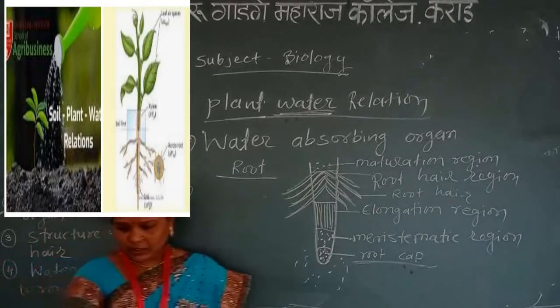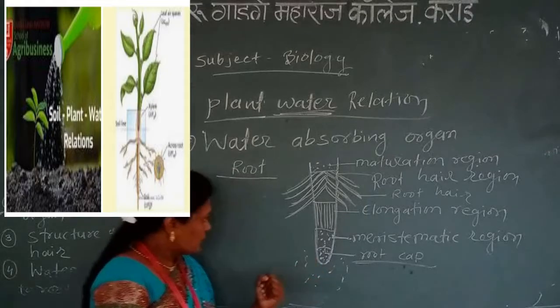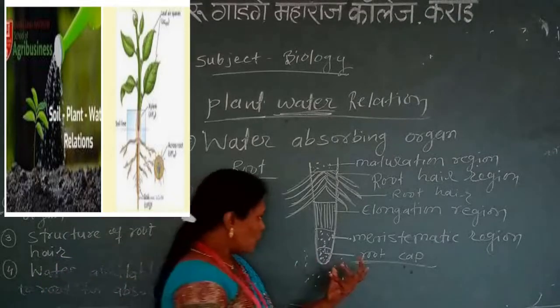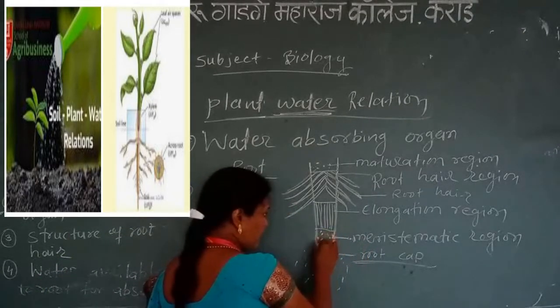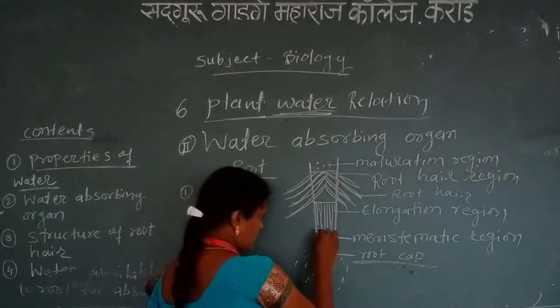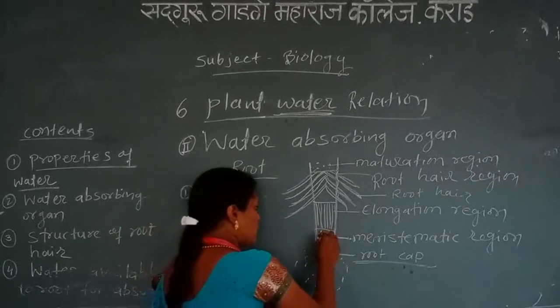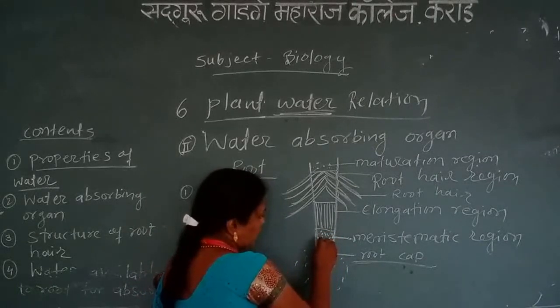In this region, having ability to undergo repeated mitotic division. Mitotic division forms here, to form new daughter cells.